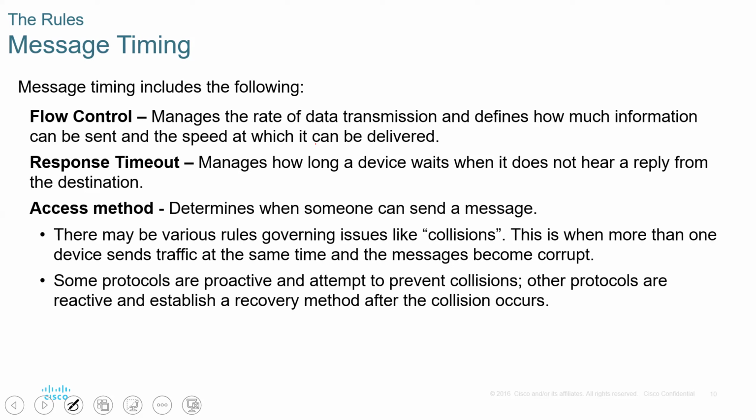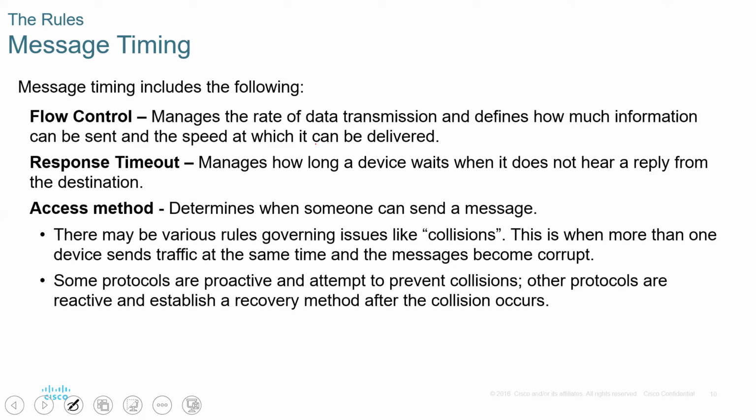Access method determines when someone can send a message. And there may be various rules governing issues like when there is a collision in the message, or when more than one device sends traffic at the same time and the message becomes corrupt and things like that.